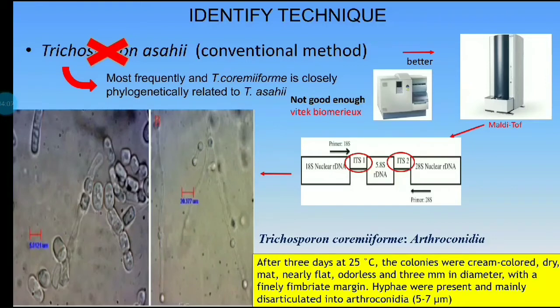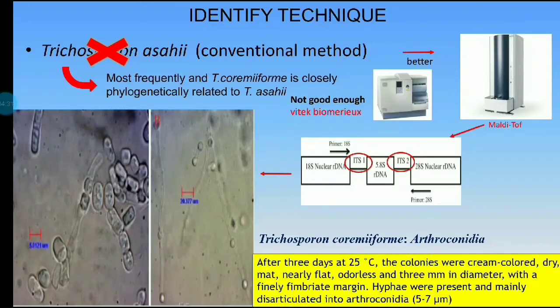The picture on the left shows that after 3 days at 25 degrees Celsius, the colonies were cream colored, dry, matte, nearly flat, odorless, and 3 mm in diameter. This is the character we can see when it is spread on agar and grows.